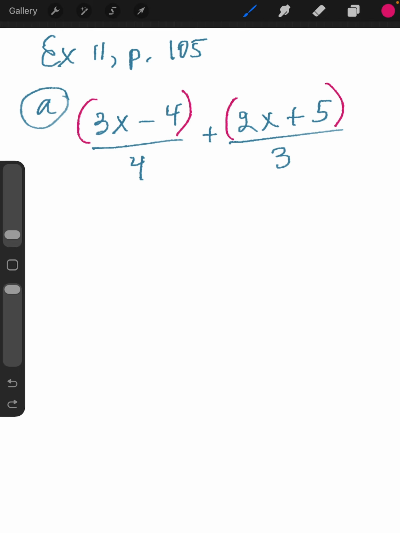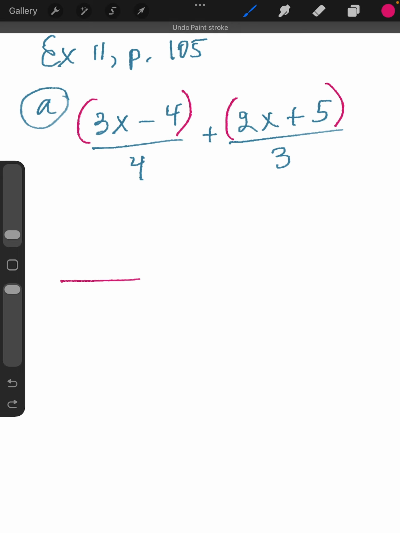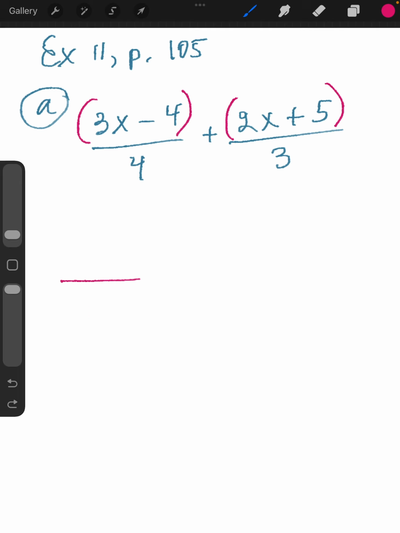So first, of course, we need to come up with a common denominator. For 4 and 3, the best common denominator is 12, right? So here we have 12 plus, here we have 12. And now here we're gonna multiply this expression by 3, just like we would a number.